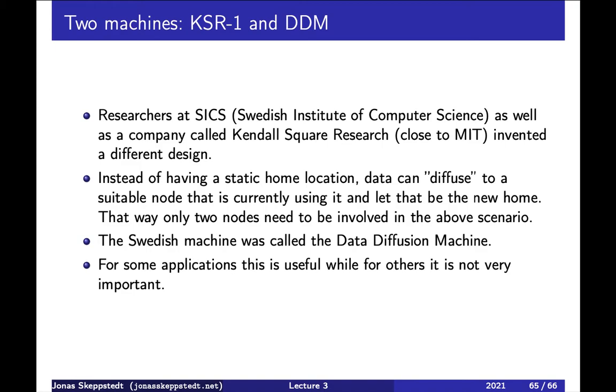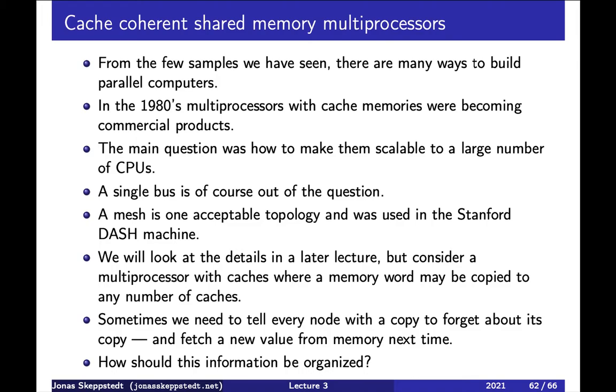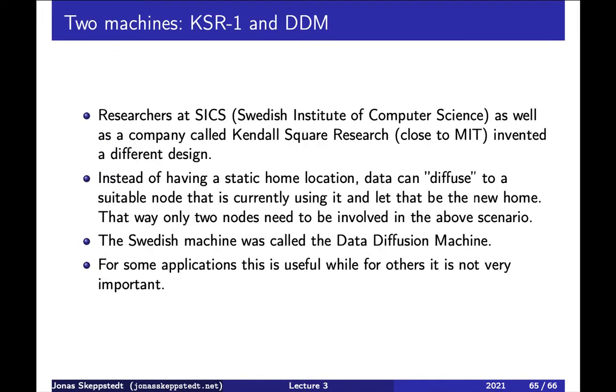Okay, so which is the best way to create a shared memory multiprocessor? With cache-only memory architecture or with a more traditional approach? Well, it's impossible to say because it depends on which application.